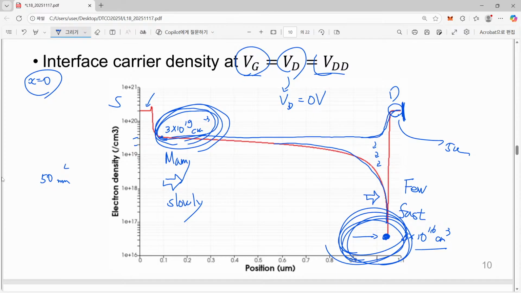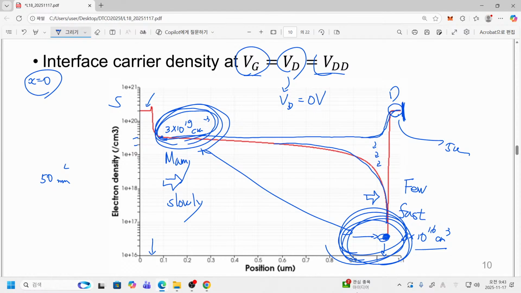So this 1,000 times difference does not show that the total electron density at this position and at that position really differ by 1,000 times. So we must be a little bit careful. But that two-dimensional effect will not be considered in the lecture. If you are interested, I strongly recommend you to do this job.